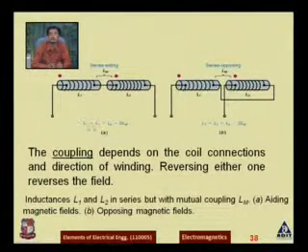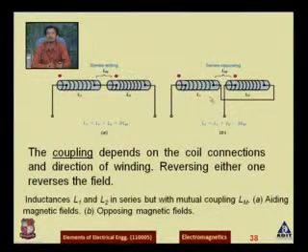Because see, in this connection, these two coils have the same direction, that is, the induced EMF direction is the same. But in this, the induced EMF direction is different. So the coupling depends on the coil connection and the direction of winding also. Reversing either one will reverse the whole field.